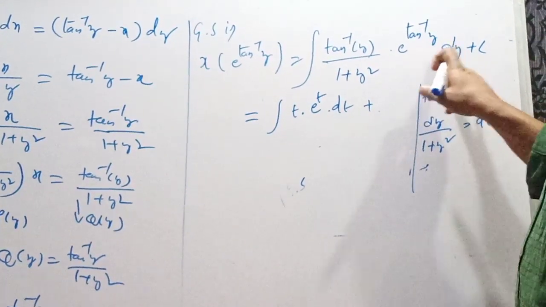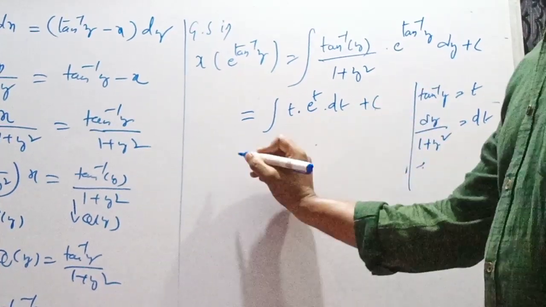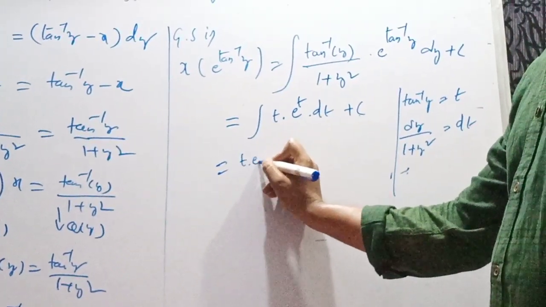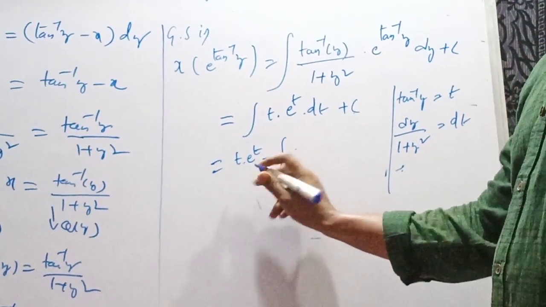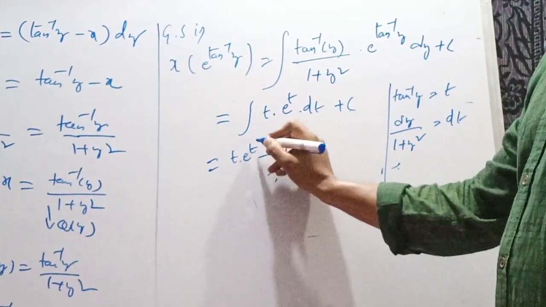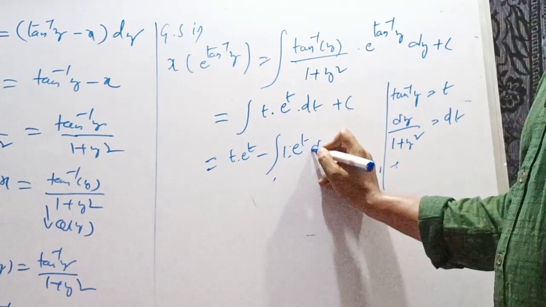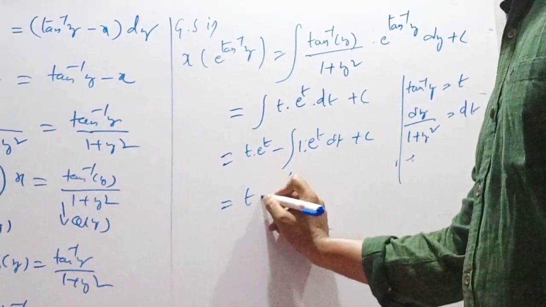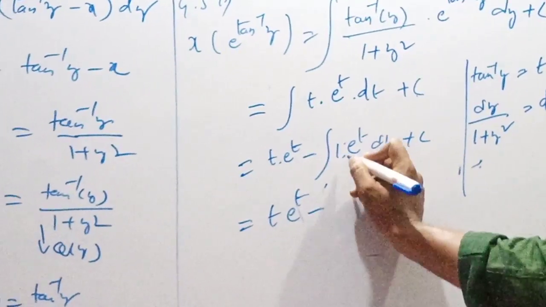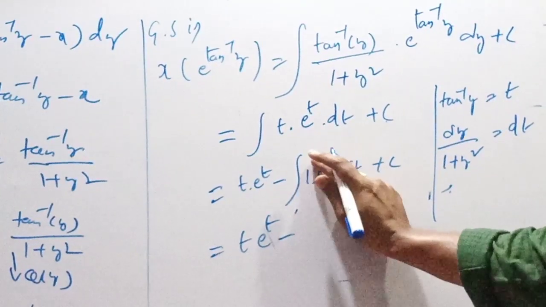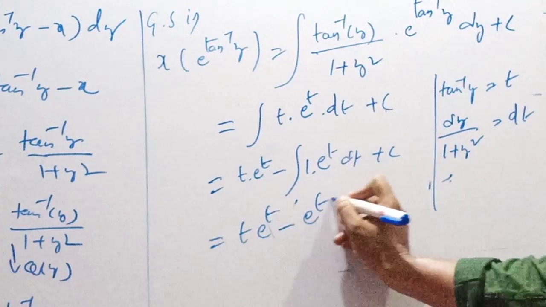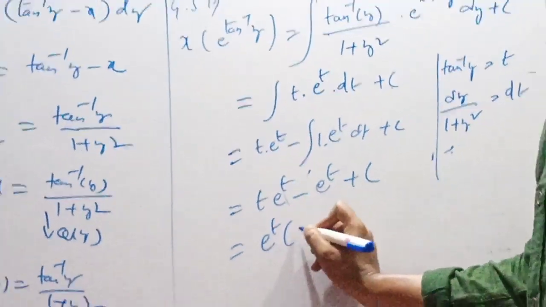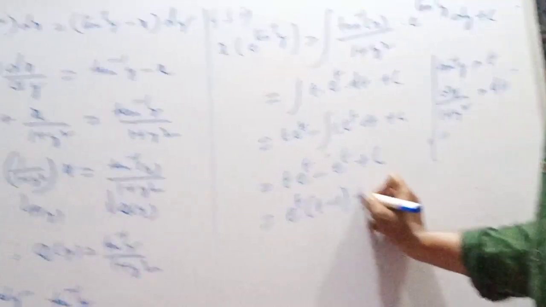We know the integral of t into e power t dt is t into e to the power of t minus the integral of the derivative of t, which is 1, and e to the power of t into dt, plus constant c. This is equal to t into e to the power of t minus e to the power of t, the integration being e to the power of t, plus c. Again, you rewrite it as e to the power of t into t minus 1, plus c.